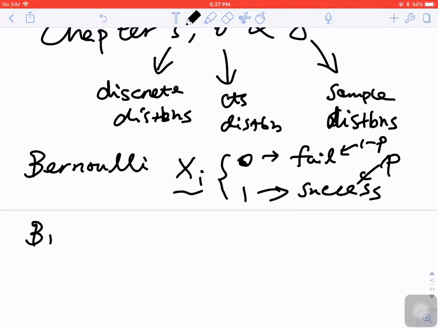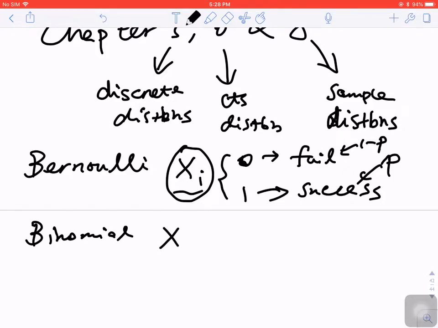we had another distribution called the binomial distribution. A Bernoulli distribution has only two possible outcomes, either a 0 or 1. But for a binomial random variable, it repeats, like it has n such Bernoulli random variables.